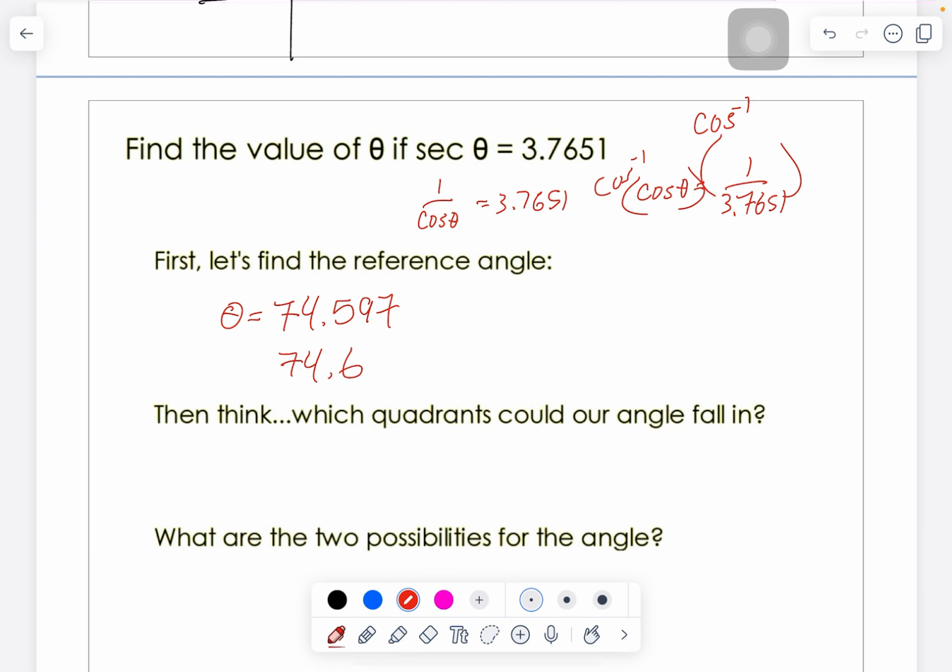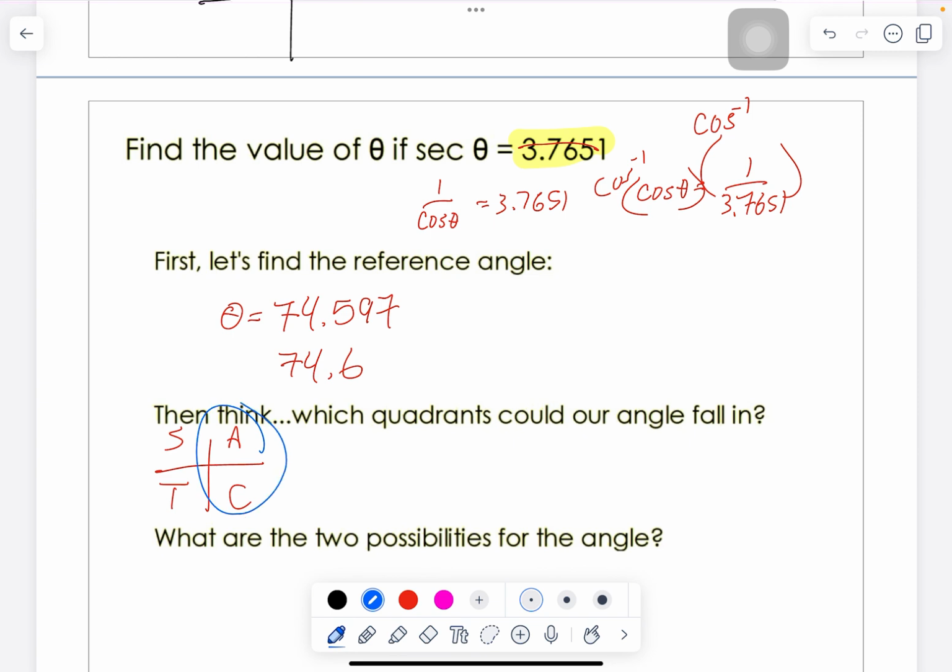What quadrants would this fall in? Well, let's think about this. I go back up to my original decimal, 3.7, and that is actually a positive number. Well, if that's a positive number, that means I have All Students Take Calc.